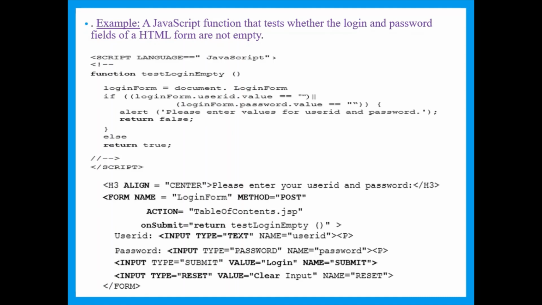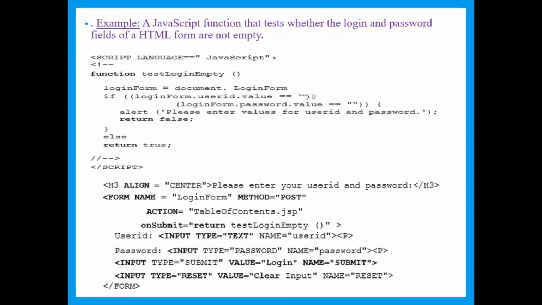Then I am making use of a conditional operator. As I told, the conditional operator should be written within parentheses. So loginForm is the name of the form which has been pointed to by the variable loginForm dot userID. The userID is the name of the text field. You can see userID is the name of the text field, dot its corresponding value I am taking equal to null.